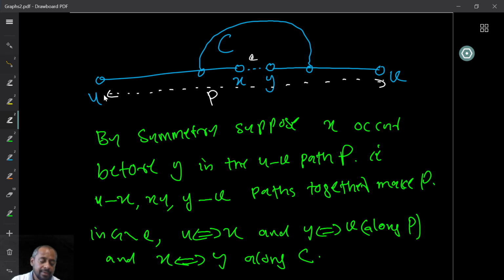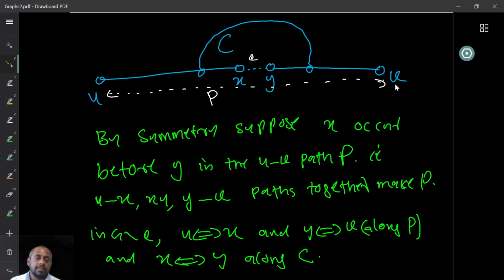So we have this ux path, then xy, and then the y to v path. This is the whole path P that we have. So our path P is composed of the ux path, then the xy edge, and the yv path.